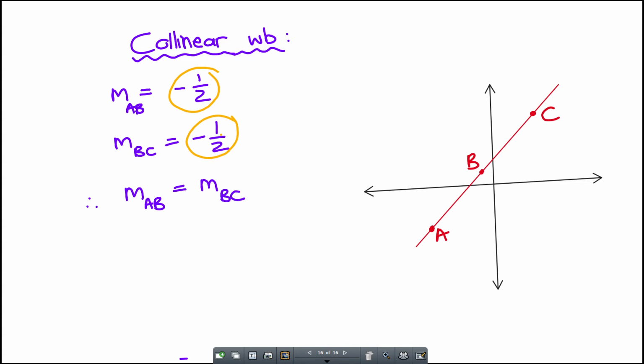En omdat hulle gelyk is, beteken dit dat A, B, and C are collinear. Is julle reg? Do you guys understand it? So that is how we can prove that these points are collinear. Jy gaan wys vir my dat hulle gradiënte dieselfde is. Okay. Let's look at that example.